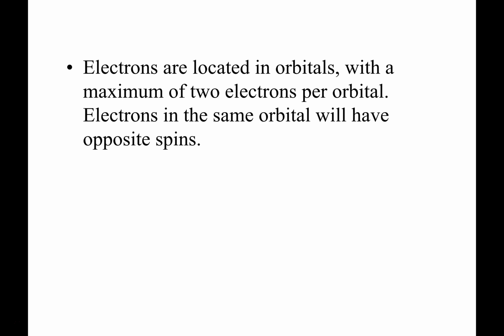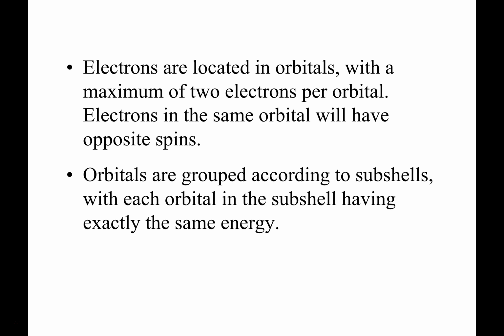So just to summarize, because on Wednesday we're going to start using all of these rules and start finding homes for electrons according to the rules we've talked about. Electrons are located in orbitals. We use arrows to represent the electrons, and the most we can fit in any orbital is 2, and if you have 2 in there, they have to have opposite spins. So you have all sorts of brain teaser questions that can be asked about the way things work.